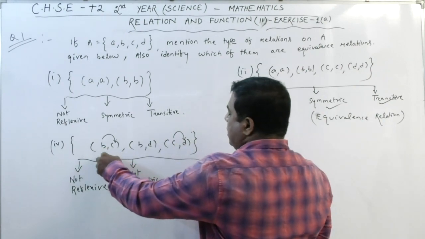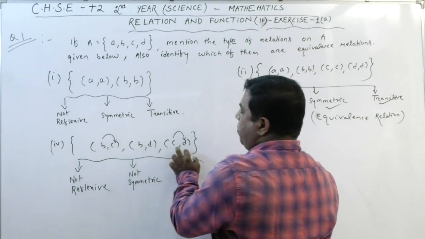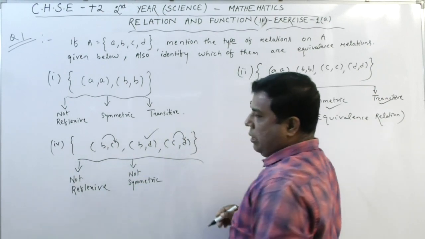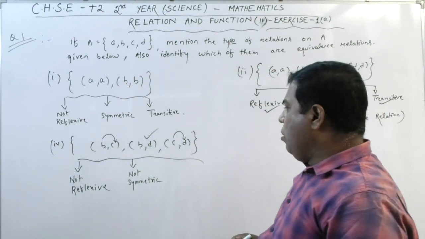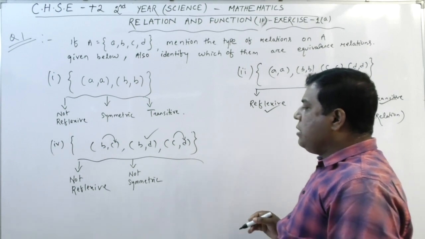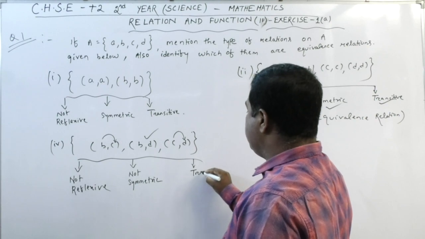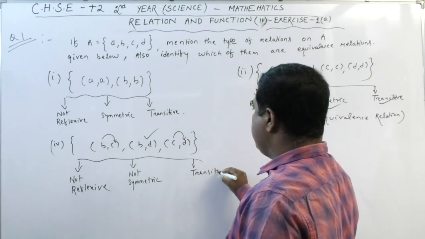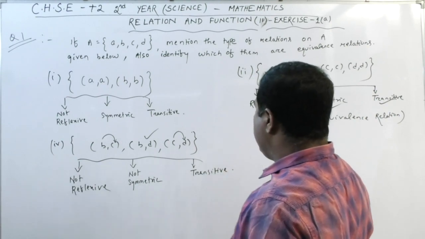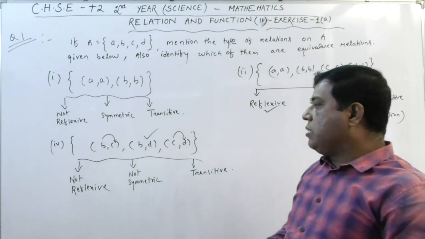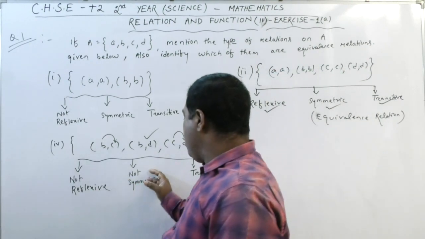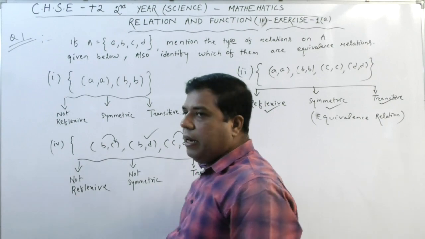We should get a relation between B and D, that is, the ordered pair BD is also there. Yes or no? So can we say it is transitive? Yes, we can say it is transitive. So this relation is not reflexive, not symmetric, but transitive in nature.